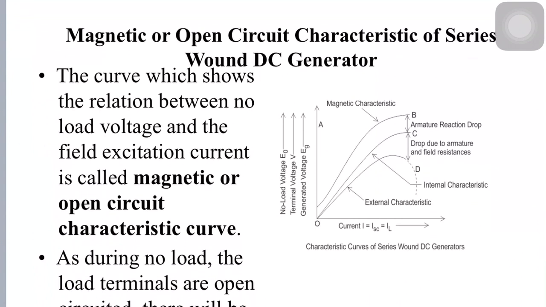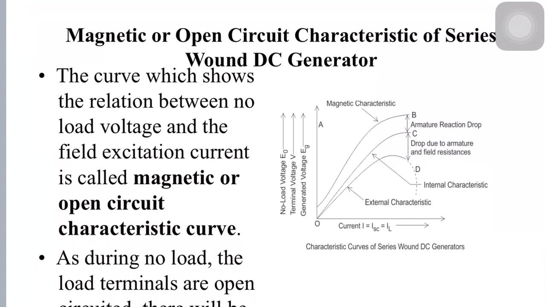This curve can be obtained practically by separating the field winding and exciting the DC generator by some external source, because the load side is open, but these three form a closed loop with one side open.